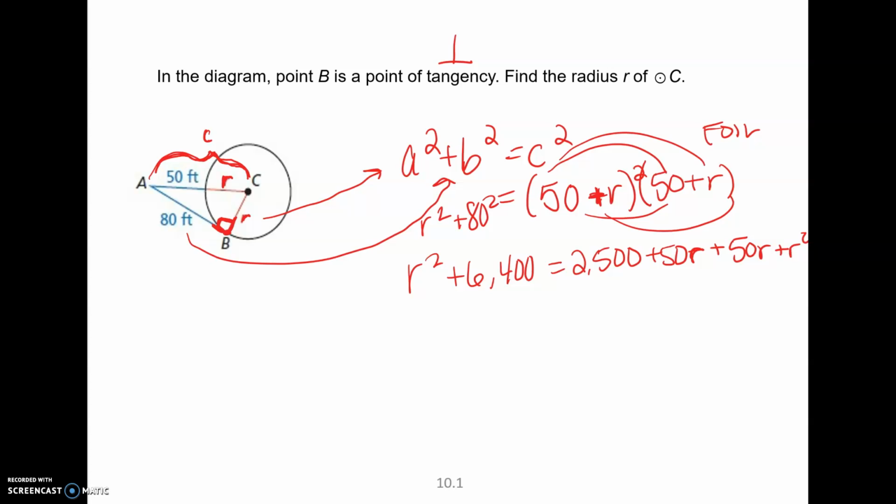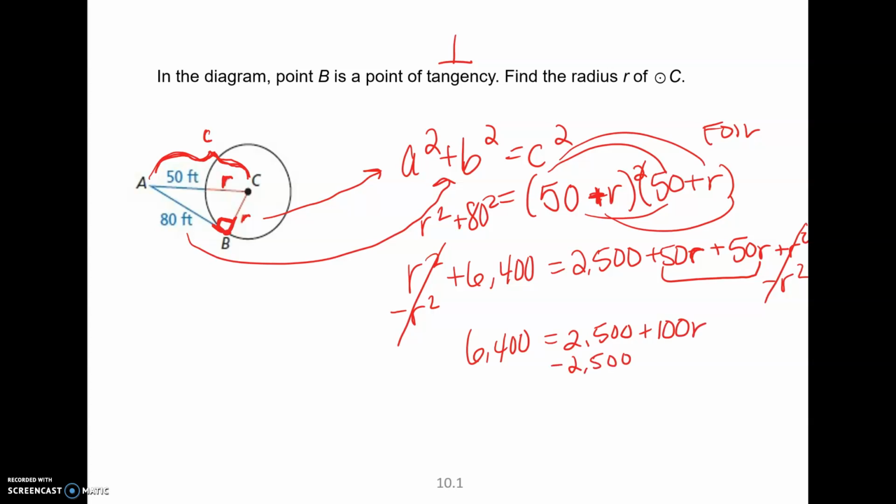Now I'm going to start by trying to simplify as much as I can. So I'm going to subtract my R squareds. I notice that those cancel, so that's going to help me out. I'm going to put these like terms together. So I have 100R. Subtract my 2,500.